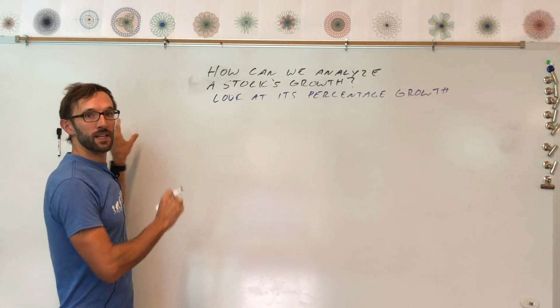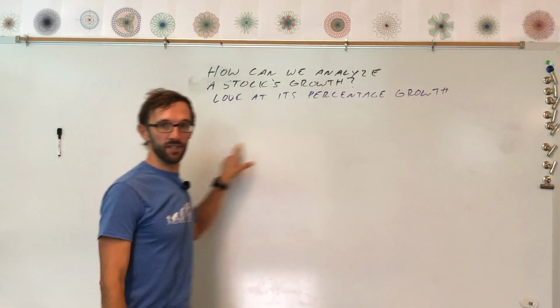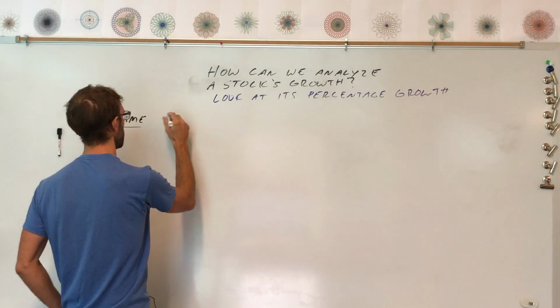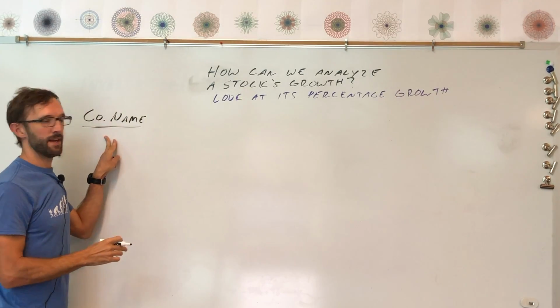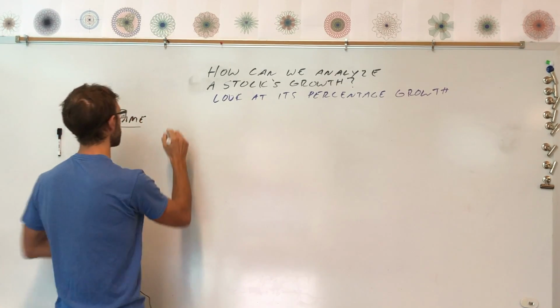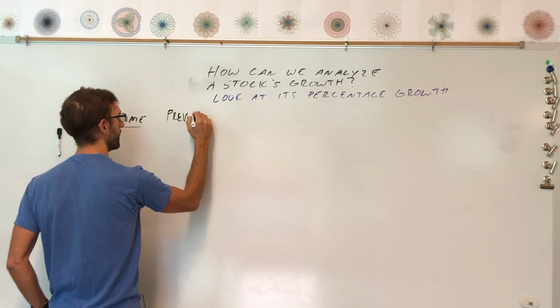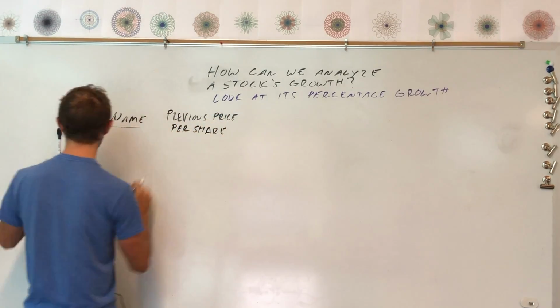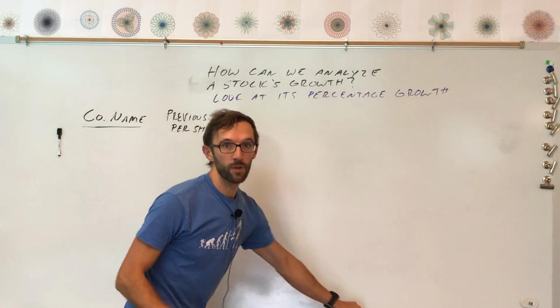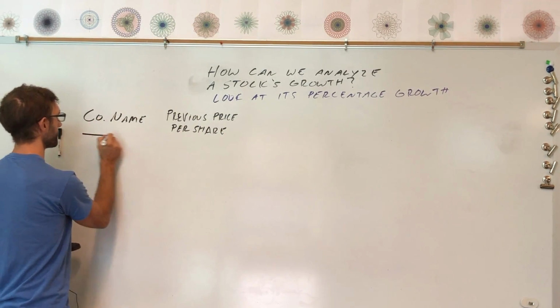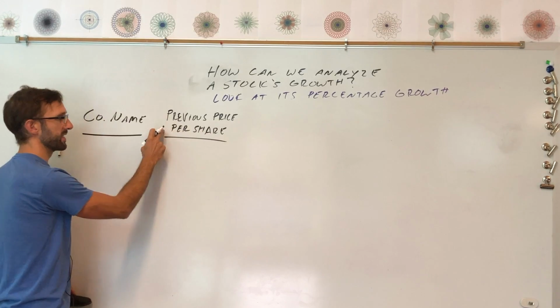So we're going to start by making a little table, just like we would in our spreadsheets. We're going to look at the company name, and the previous closing price. I should make clear that we're just looking at the individual share price, so the previous price per share.